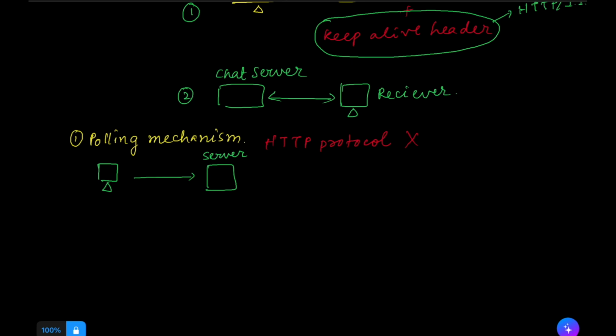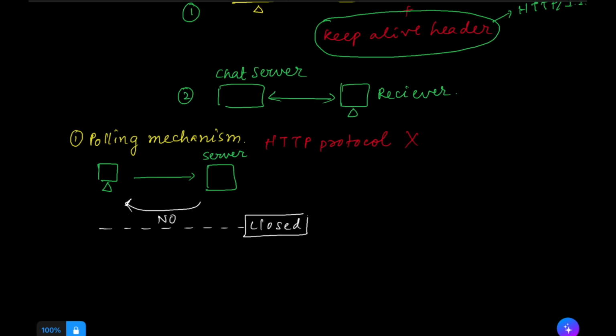If there is no message, the server responds with a no, and the connection is closed. This continues at a frequency interval until the server has a message and the client receives it with a yes response. So basically the client periodically asks the server if a new message is found.